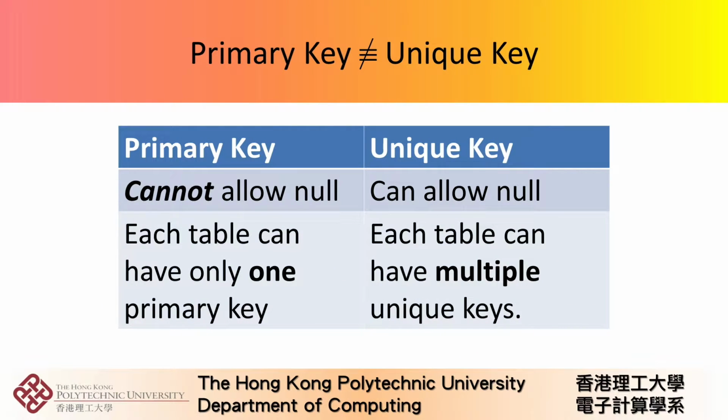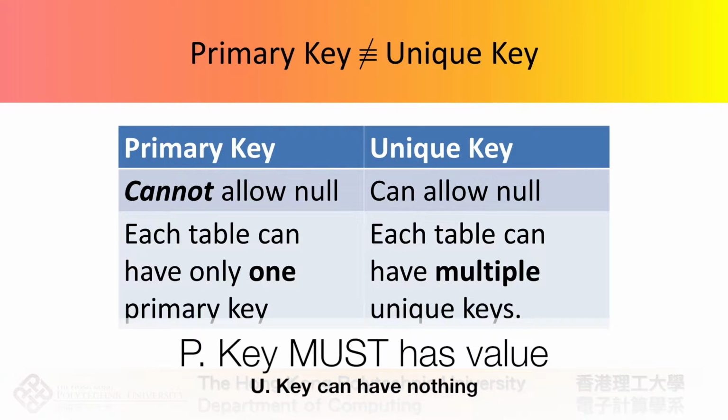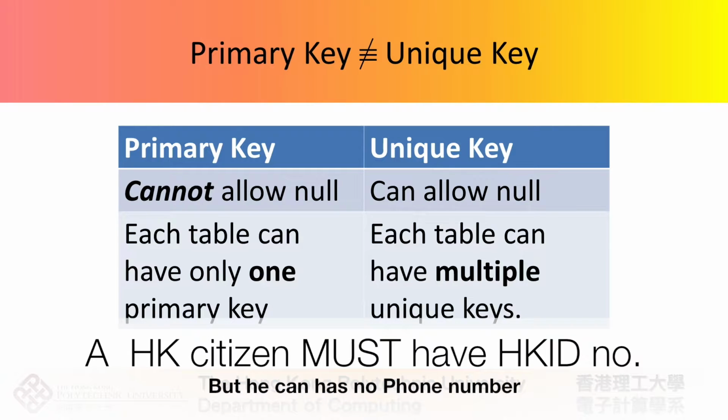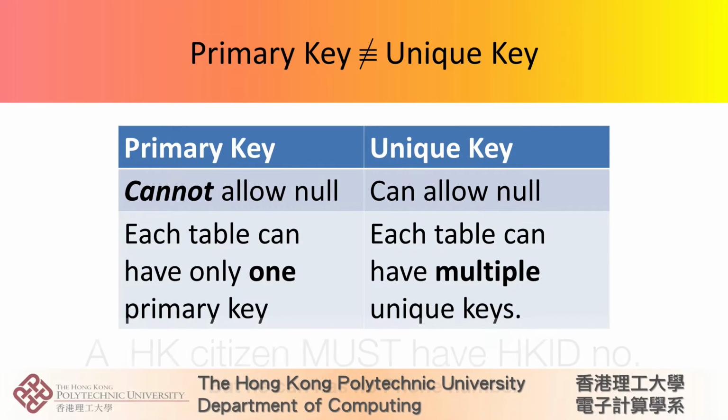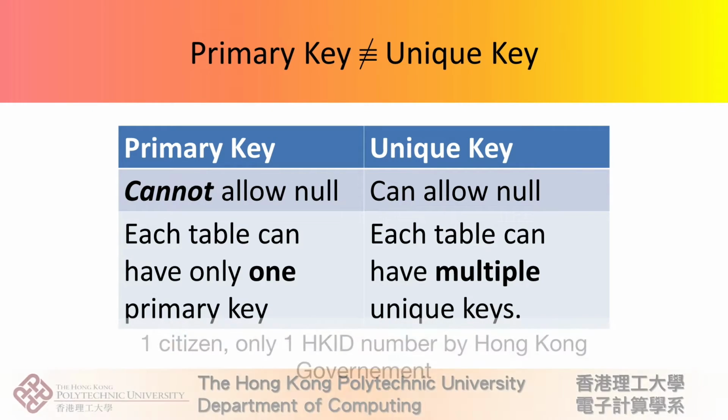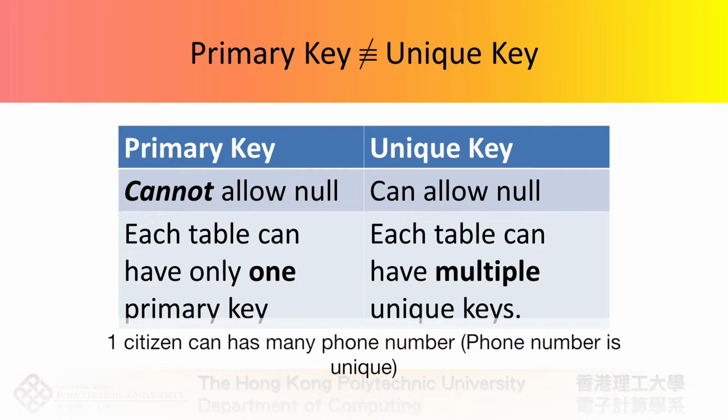Primary key and unique key are different things. A primary key cannot be null, while a unique key can be null. Each table can have only one primary key, but each table can have multiple unique keys.